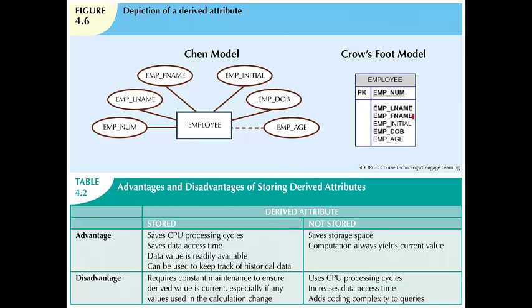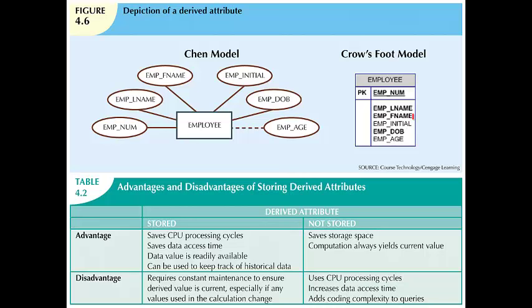I guess these values don't all come from one instance of employee, but the current date is always available. So that's your waypoint for deciding when to derive and when not. Derive when all of the data comes from one instance.